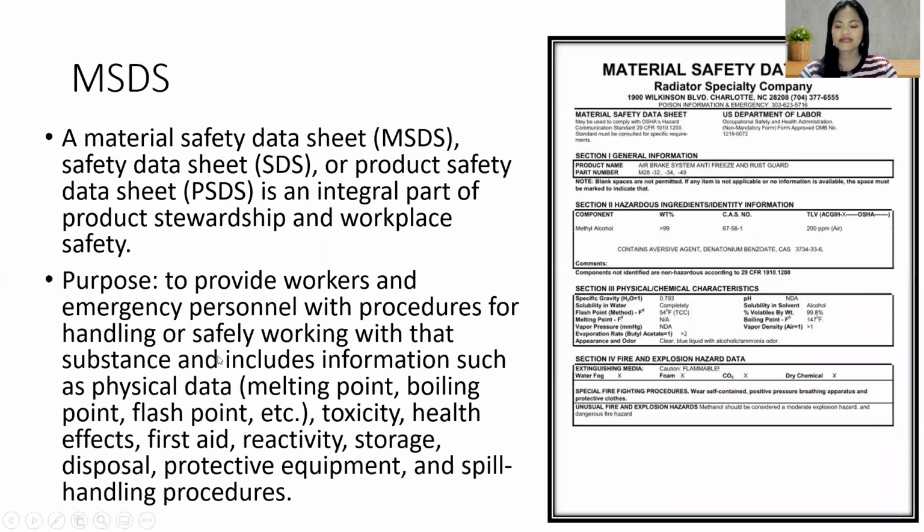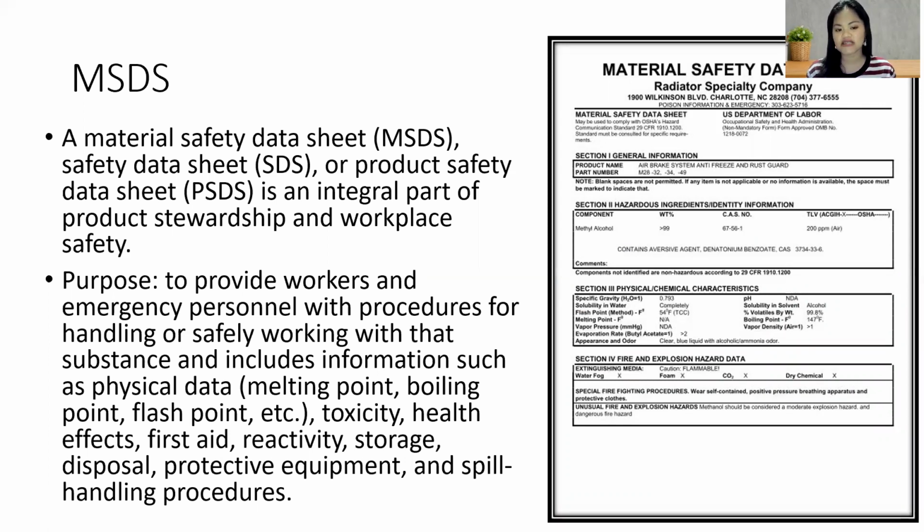What is a material safety data sheet? It is also termed safety data sheet or SDS, or product safety data sheet. It is an integral part of product stewardship and workplace safety.